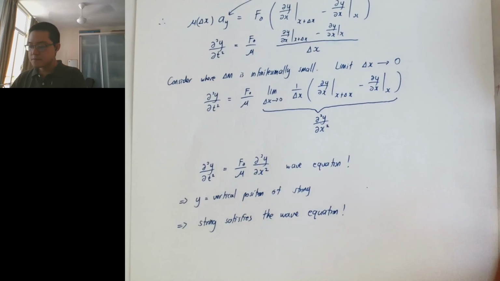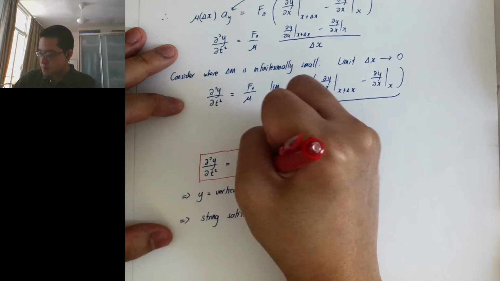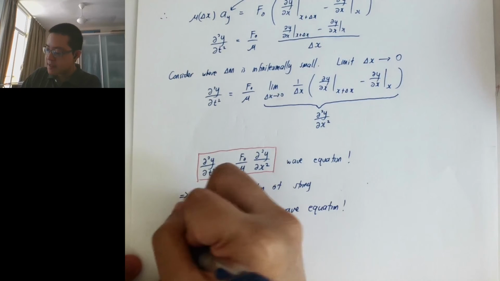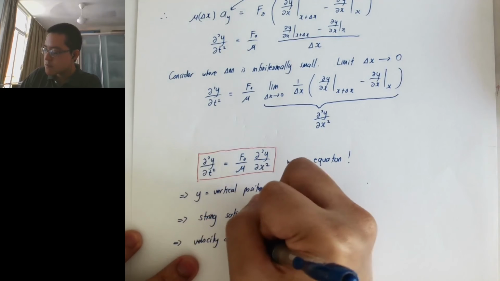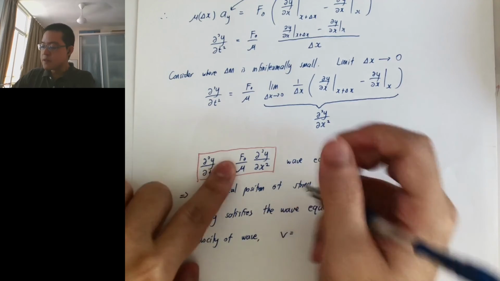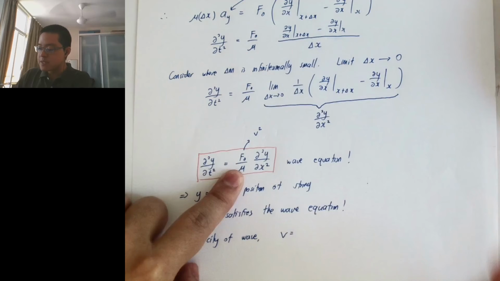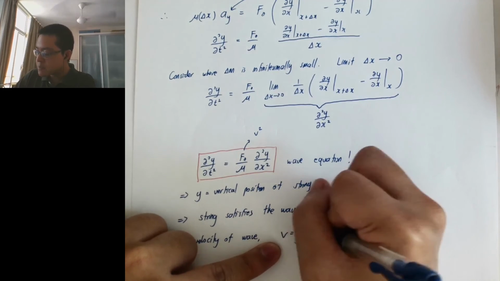So it satisfies the wave equation, and then the velocity of the wave v is, well, remember, this part is supposed to be v squared, so the speed of the wave is the tension over the mass per length.